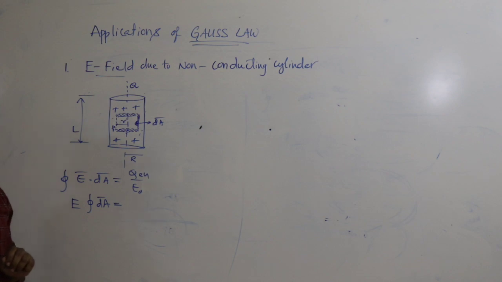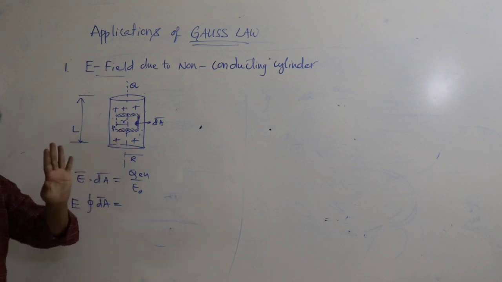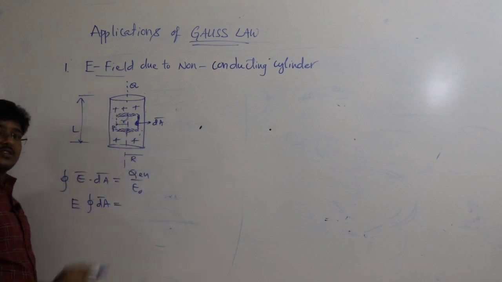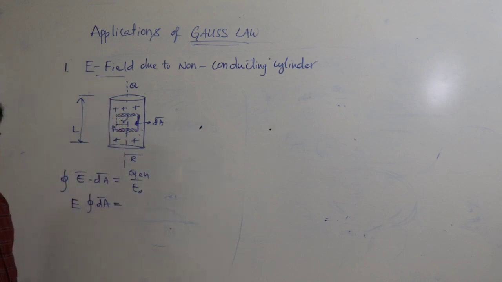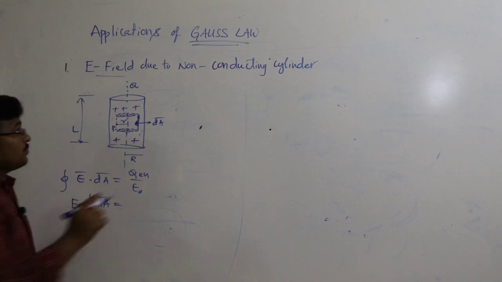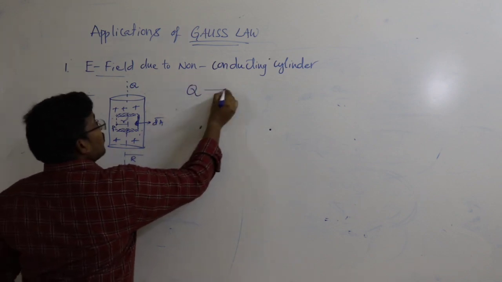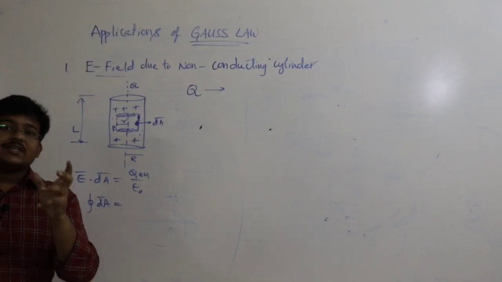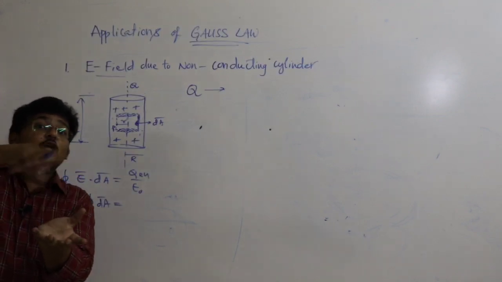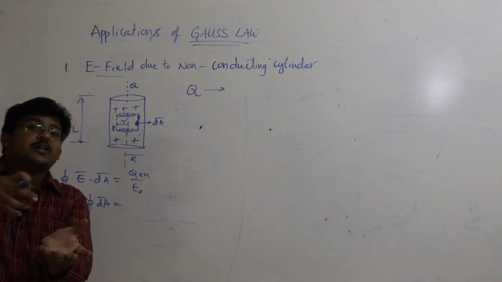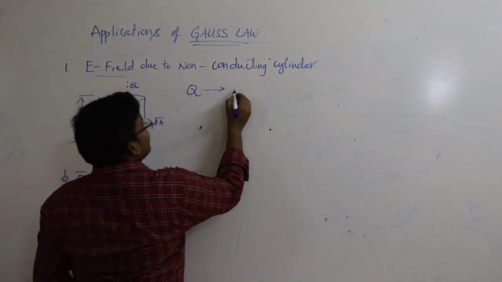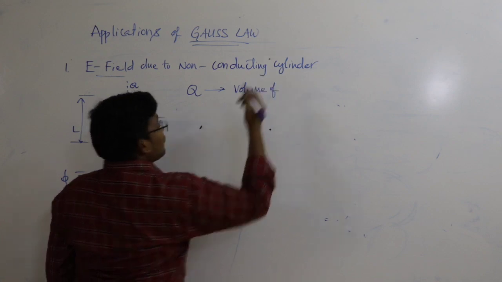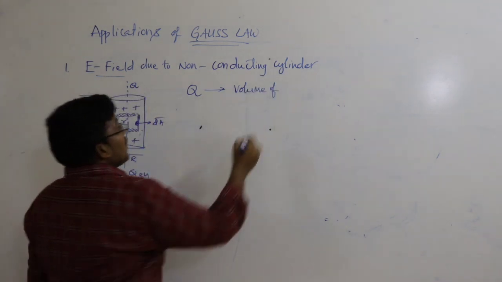equal to charge enclosed. Sir, how much charge is present in this particular Gaussian surface? How to find out? See, I have given Q for the entire cylinder. So you may say that for the entire cylinder, the charge is accumulated in the volume. Q is given for a cylinder of volume, what is the cylinder volume?